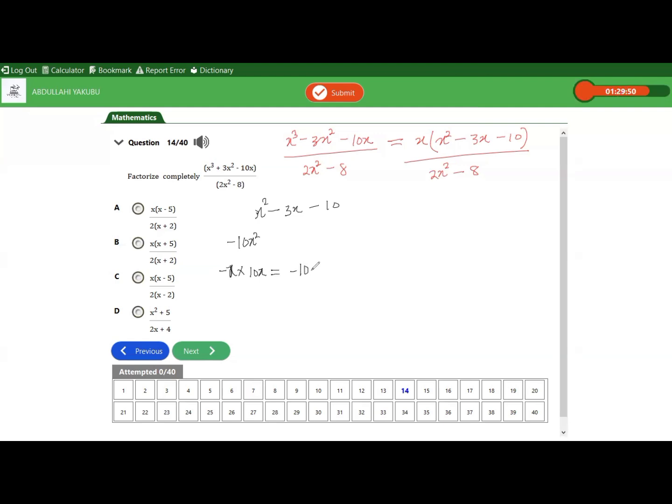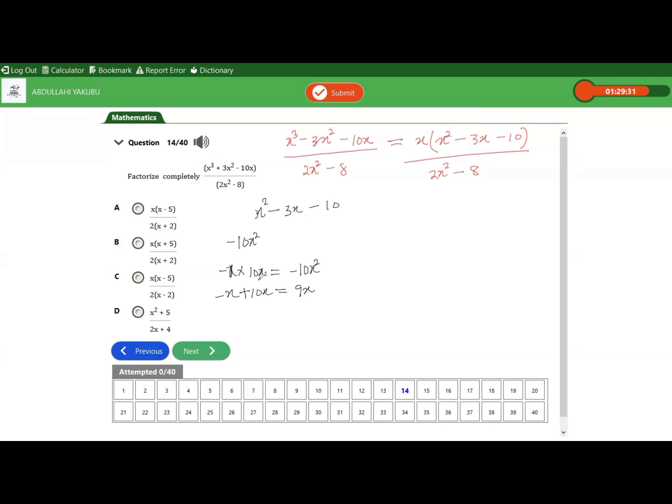Minus 10x squared. But minus x plus 10x is equal to what? 9x. So we're looking for minus 3x.